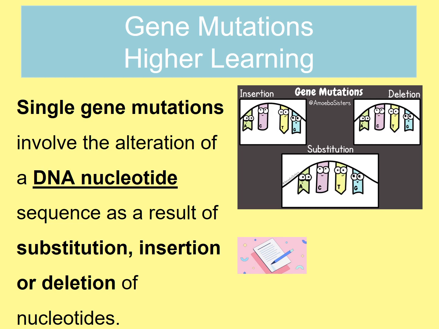There are 3 types of point mutation that we cover at higher human biology, and they're either called substitution, insertion, or deletion. In each case, the point mutation results in one or more codons for one or more amino acids being altered.